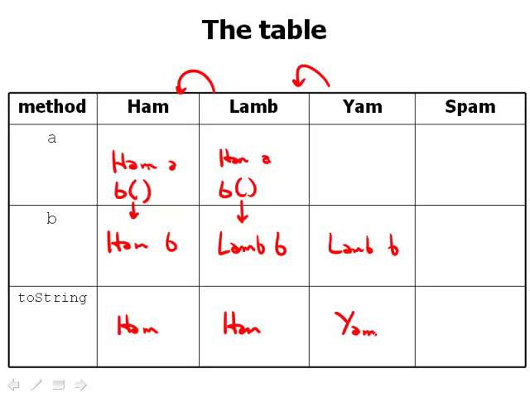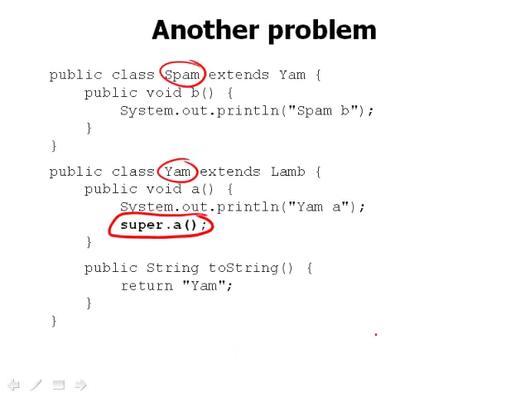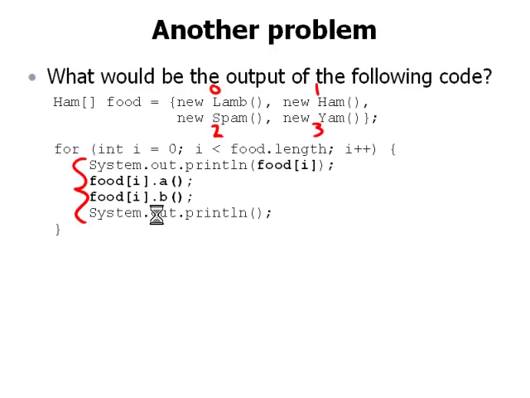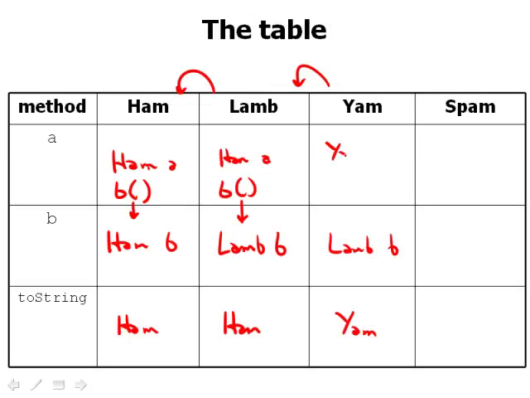The A method does get overridden, and what it does in the code here is that it prints yam A and then it calls super.a. So let's go back to our table for a second. It prints yam A and then it calls super.a. Well, what is super.a? Super.a is the version of the A method that comes from the superclass.